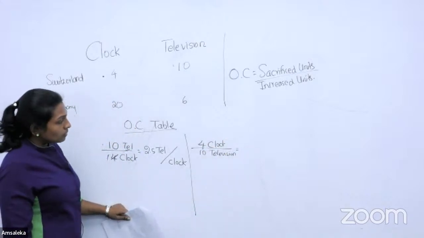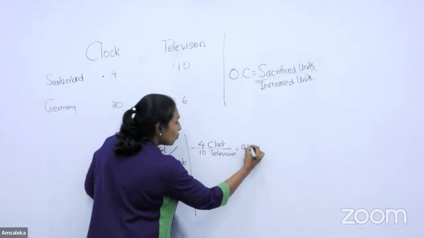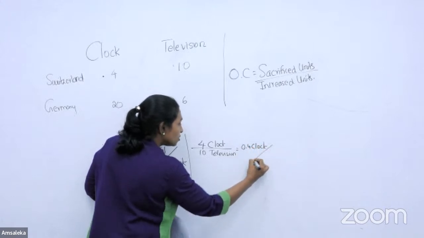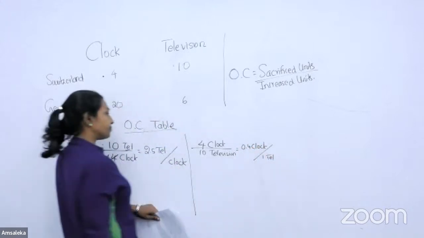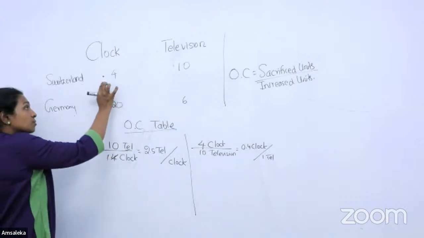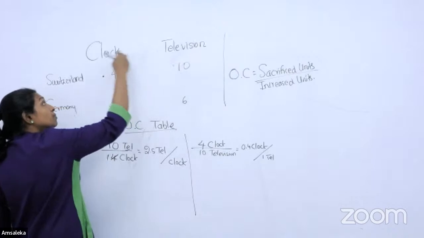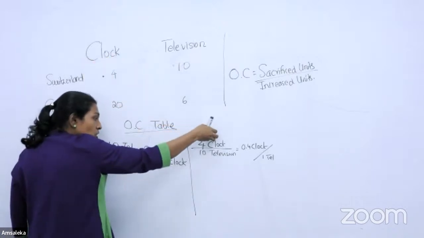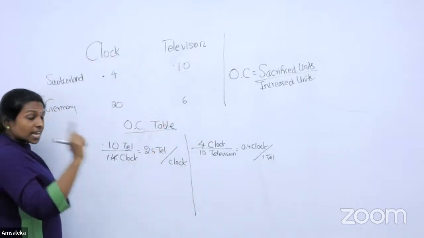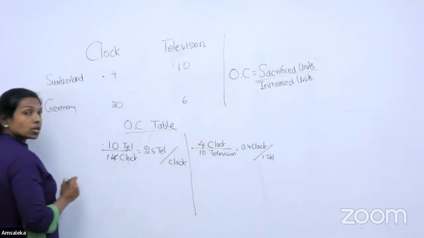Therefore, 0.4 clock is sacrificed to produce 1 television.